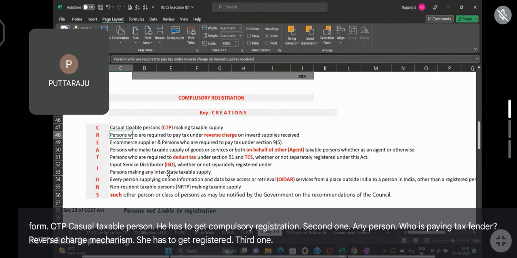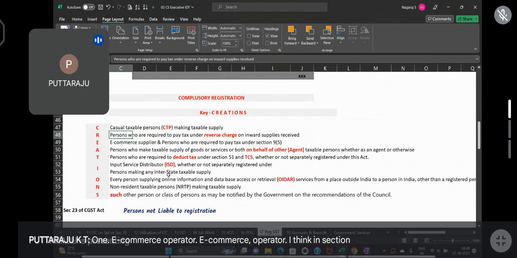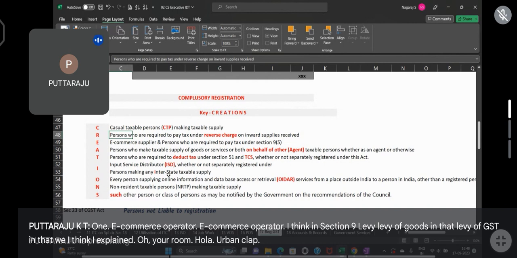Third, e-commerce operators. I think in section 9, levy of GST, I explained Ola, Urban Clap. I think you guys remember all those things. They have to compulsorily get registered.